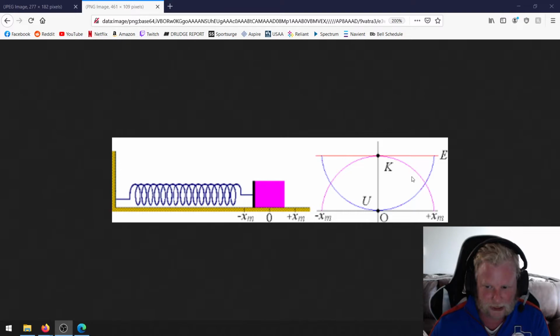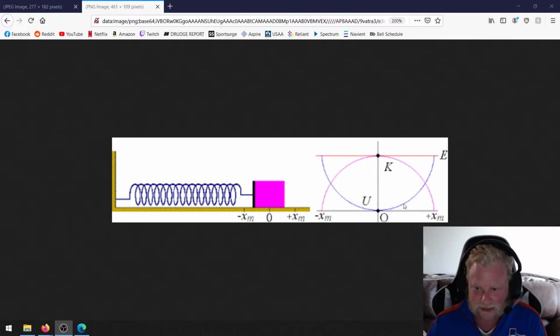Now, your potential energy, in this case, the spring potential energy, right, is maximum when the spring is most compressed or most stretched. So that's at either one of these amplitudes, negative x and positive x. So your spring potential energy is maximum at the amplitude, decreases until it's zero at equilibrium, right? When your spring is in its equilibrium state, it's neither stretched nor compressed.